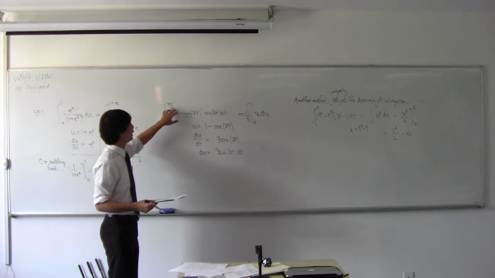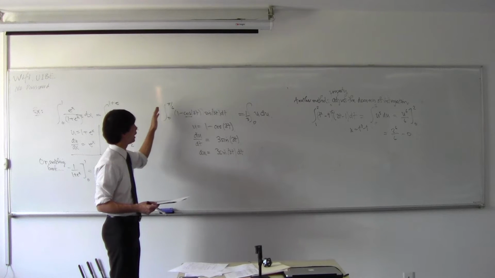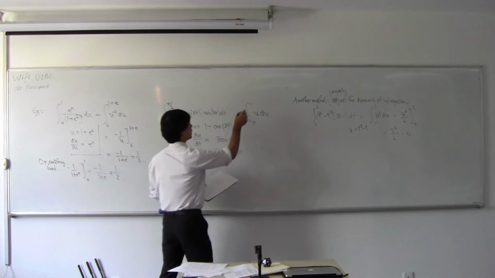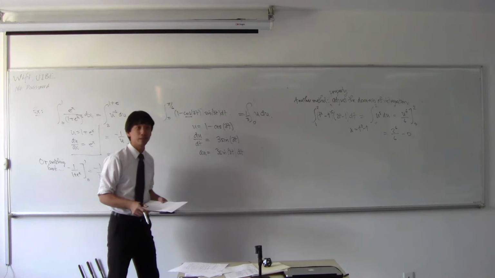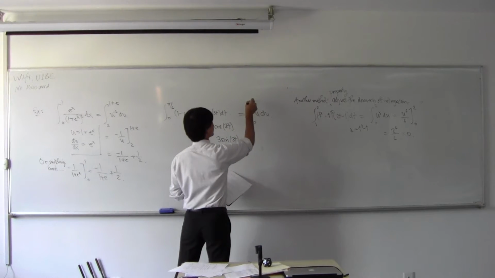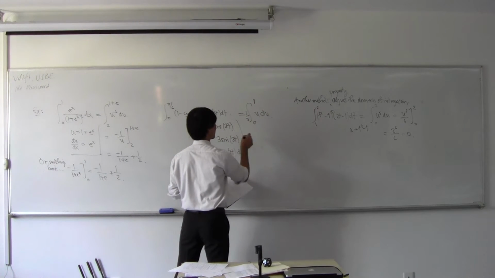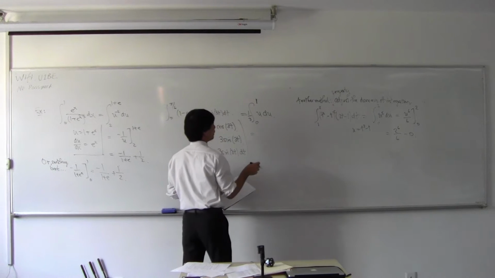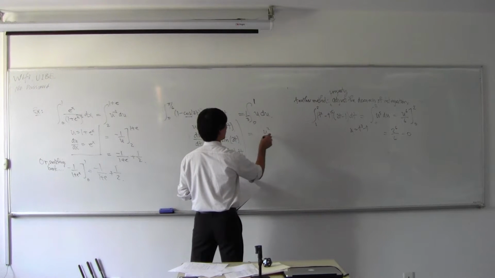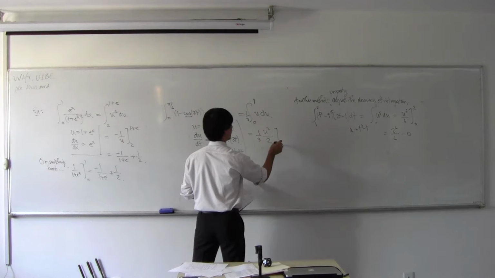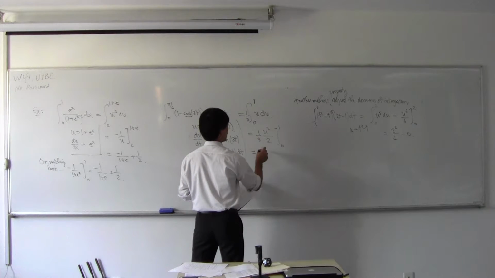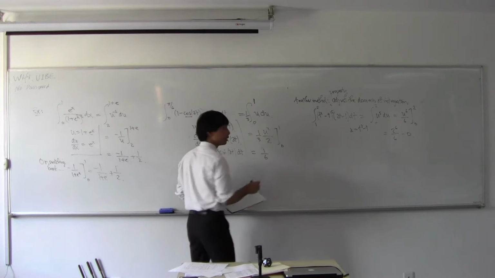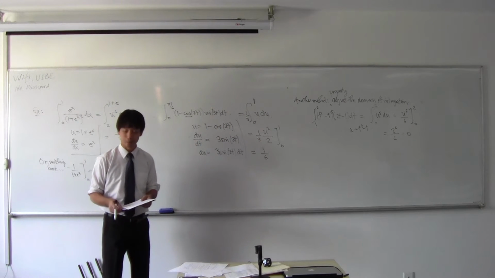And then when t is the upper limit, we're going to get cosine of 1/2, well, that's 0, right? So we get 1 up here. Okay. So you get u squared over 2, 1/3 of that between 0 and 1, right? And so you get 1/6. 1/6 is the answer.